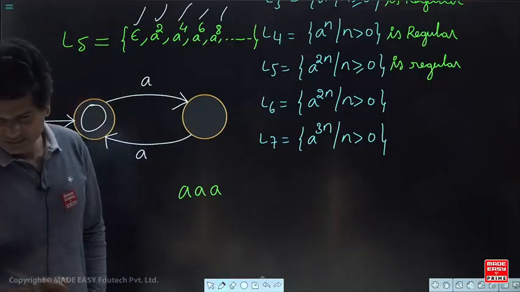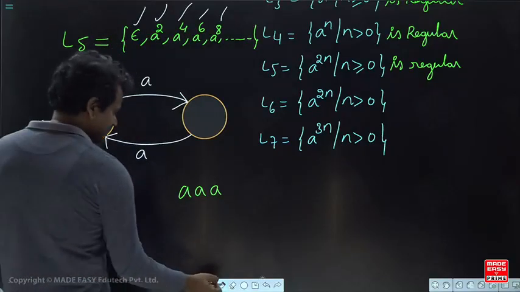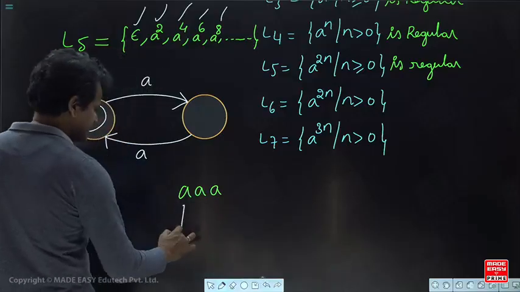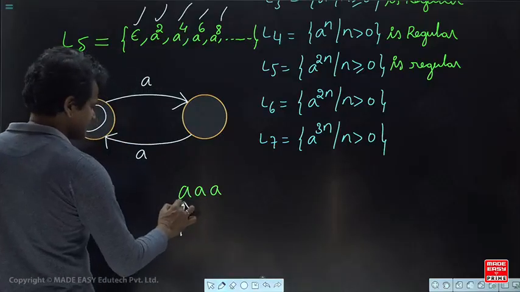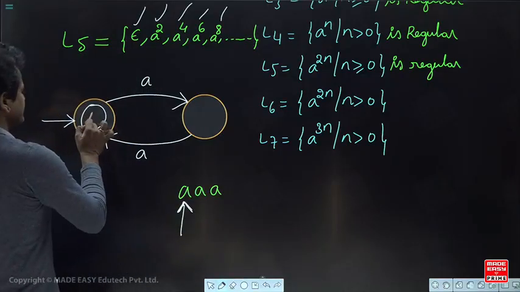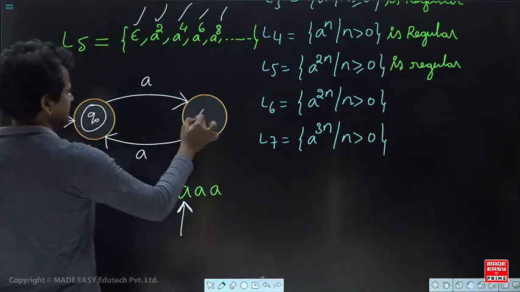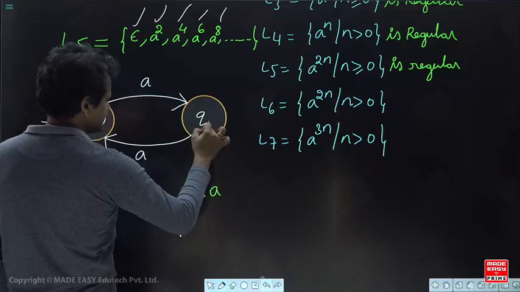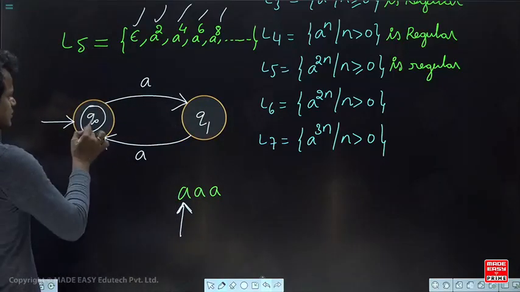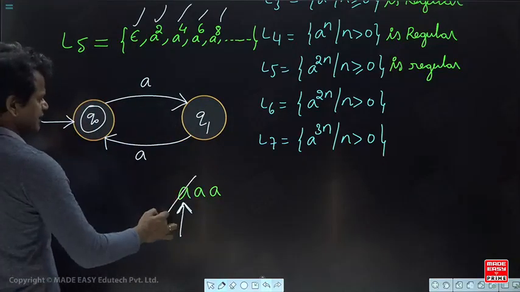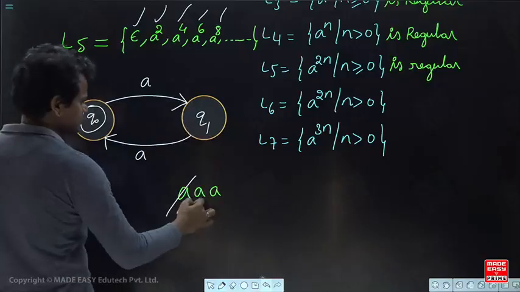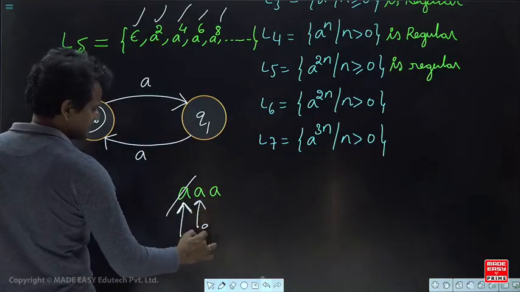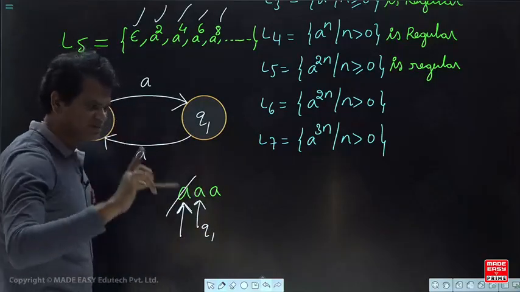That means when a comes, the machine starts from the initial state. If you say when a comes go to Q1, then Q0 on a, after reading, the machine goes to Q1. That's it. It can only change state.